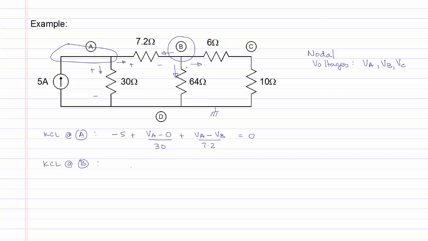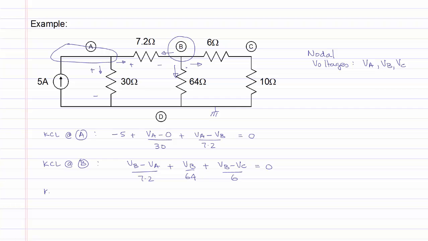The current leaving node B through the 7.2 ohm resistor will be VB minus VA over 7.2 ohms. Current leaving through the 64 ohm resistor will be VB over 64. And finally, the current leaving through the 6 ohm resistor will be VB minus VC divided by 6. And this will be equal to 0 to satisfy KCL.